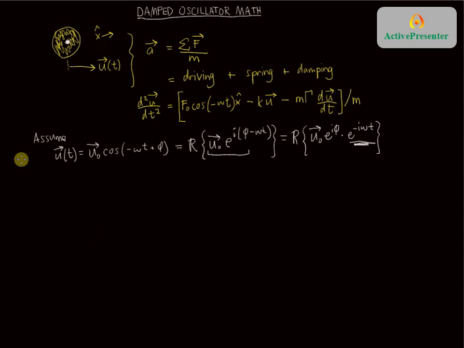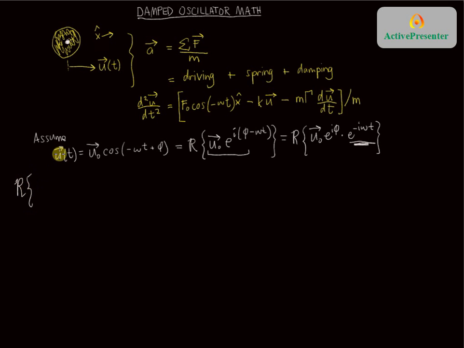So now we want to write the entire equation, Newton's law, as a complex equation. And this is how we do that. We write the whole Newton's law as the real of something, and we just write both sides.